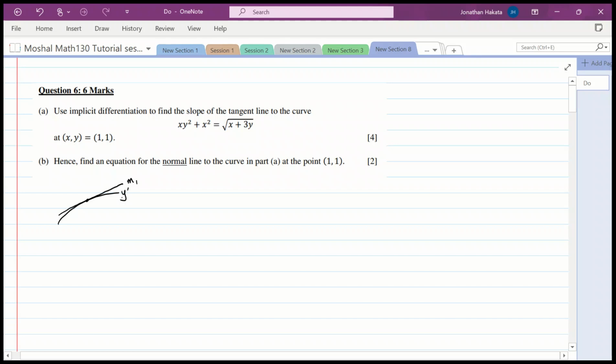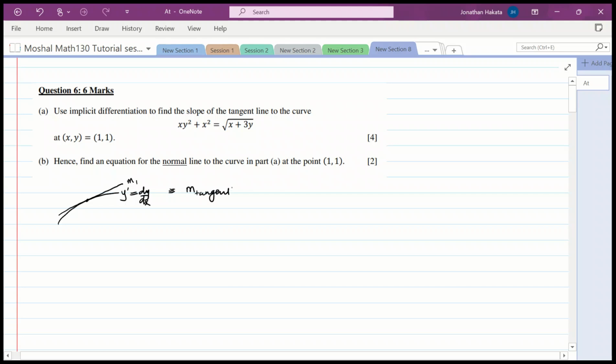So if I calculate y prime and then calculate its specific value for the given coordinates, then that gradient, that y prime, which is just dy dx, at that point will be equivalent to the gradient of the tangent line.